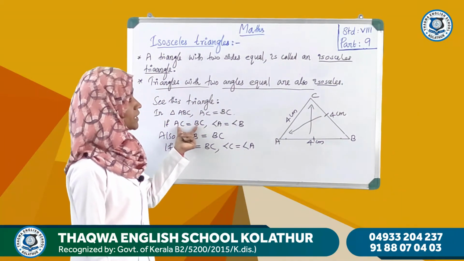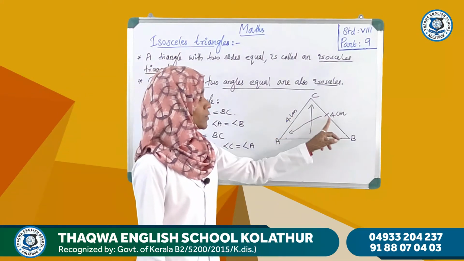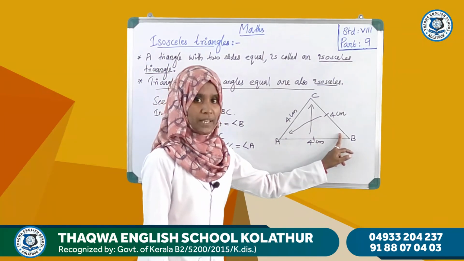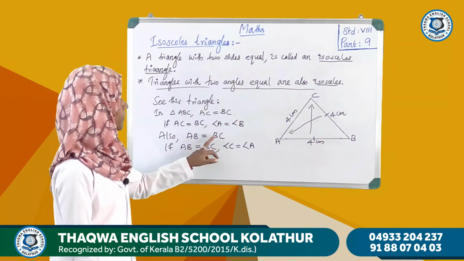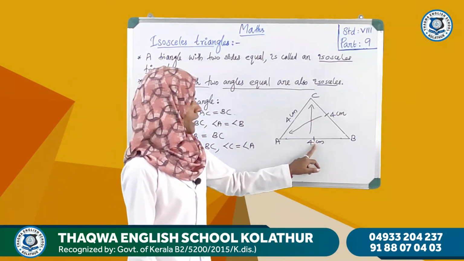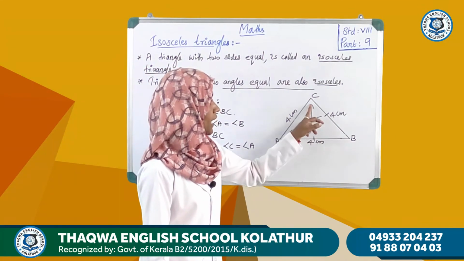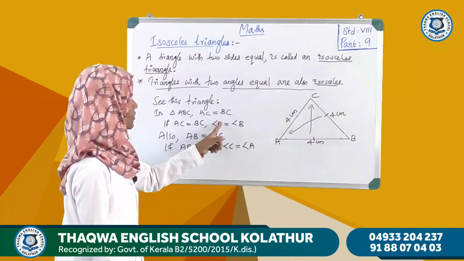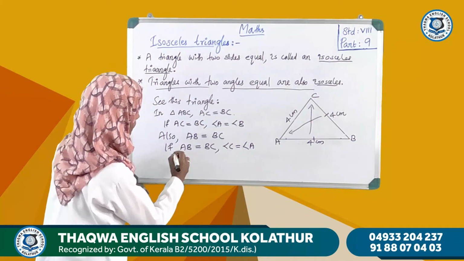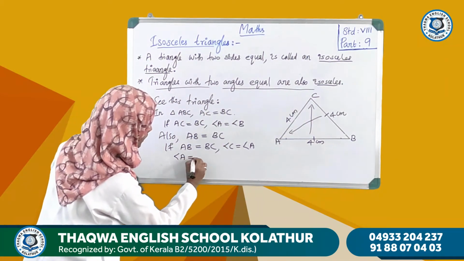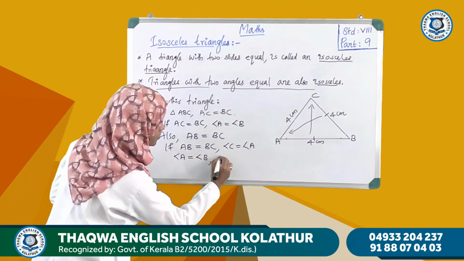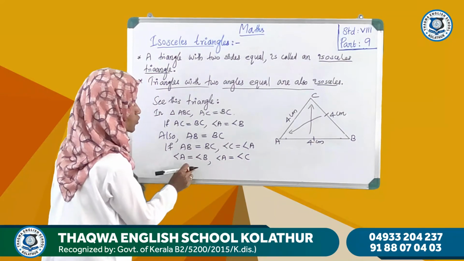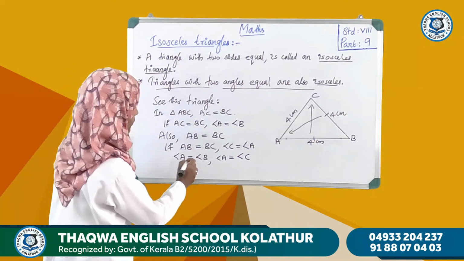If AC equals BC, we can write angle A equals angle B. The next pair: if AB equals BC, angle C equals angle A. Now just compare these two. First, angle A equals angle B. Next, angle A equals angle C. Comparing these two pairs, what do we get?